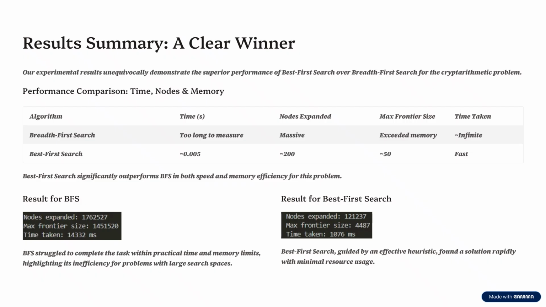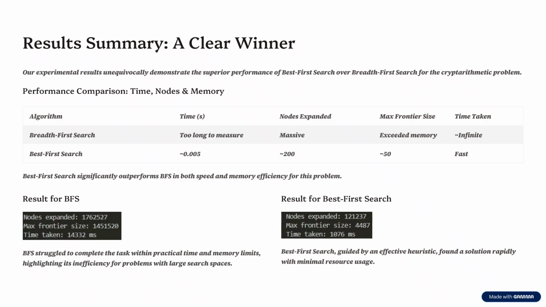Now, if you see the results, the nodes expanded for BFS is way larger than for best first search. Sorry, yes, it's quite large compared to best first search, around 10 times more nodes expanded for BFS. If you see the max frontier size, there's a huge drop for best first search compared to BFS. And you can also see the time taken is around 14 seconds for BFS, but for best first search, it took only around 1 second.